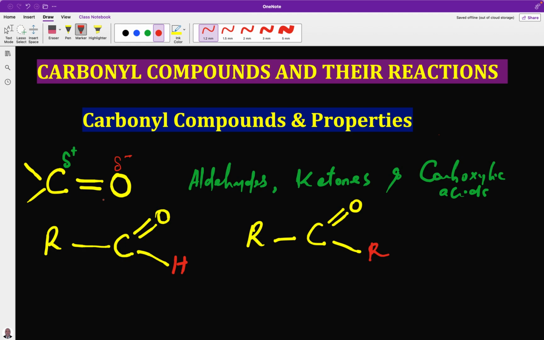In this group, the carbon atom is double bonded to the oxygen atom. It is found in aldehydes, it is found in ketones, and it is also found in carboxylic acids.